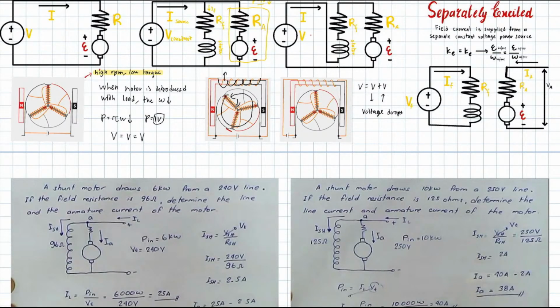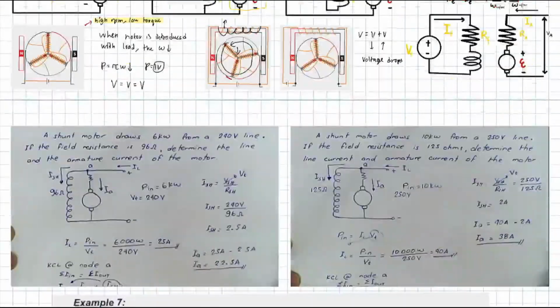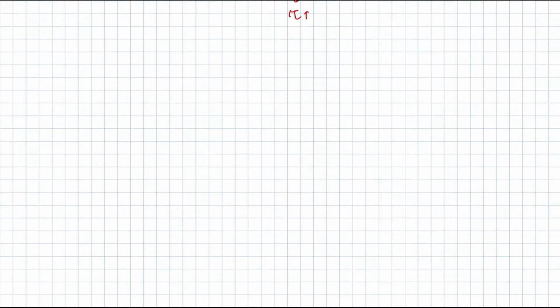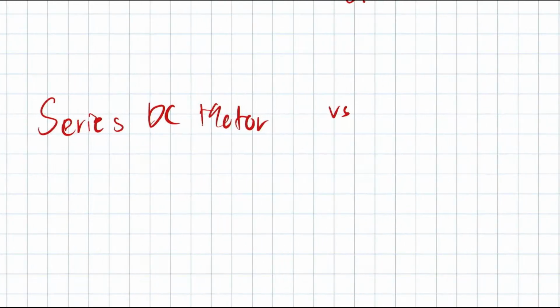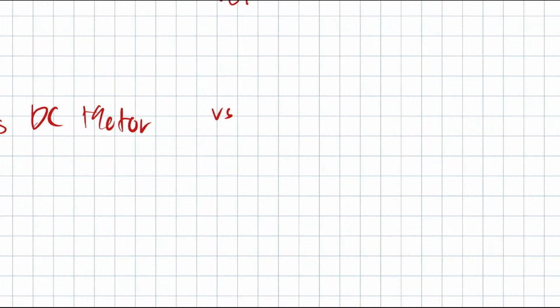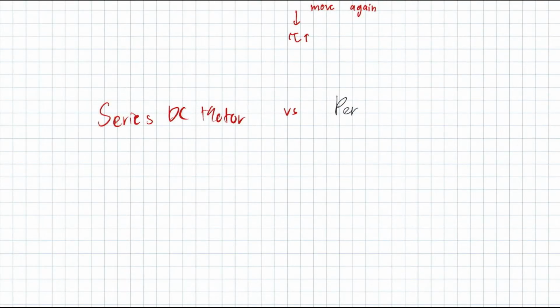Okay, so like I said, let's make the difference here. Series DC motor versus, let's say, a permanent magnet. Why is it so small?